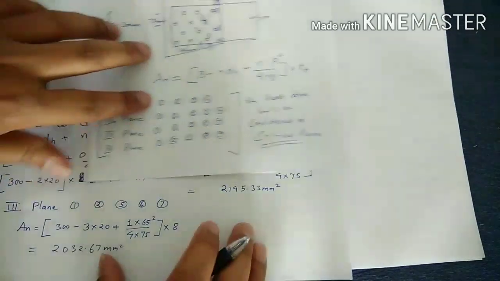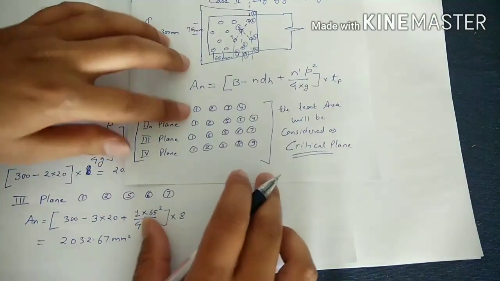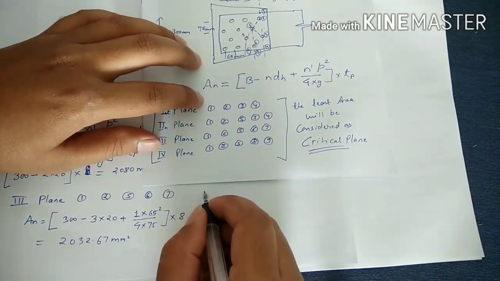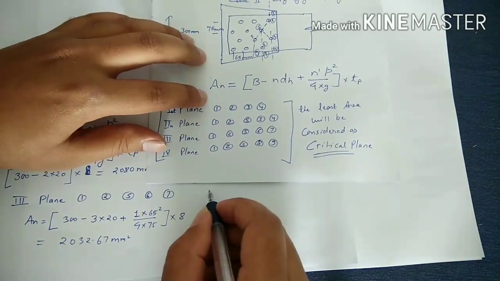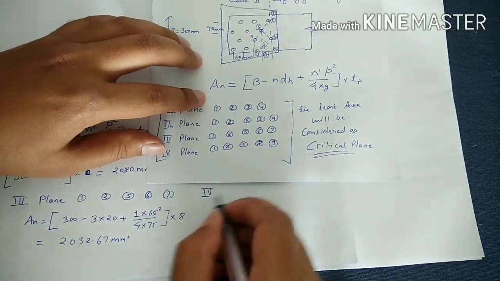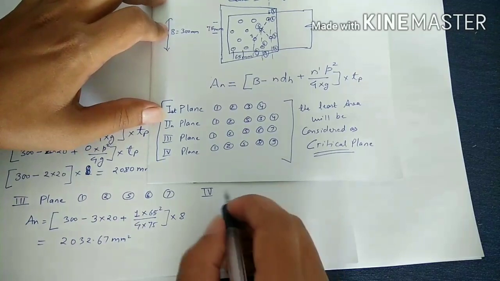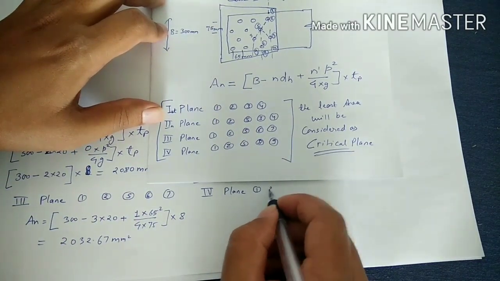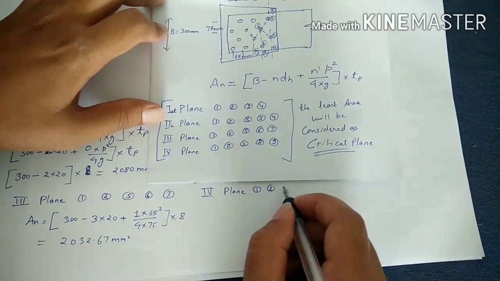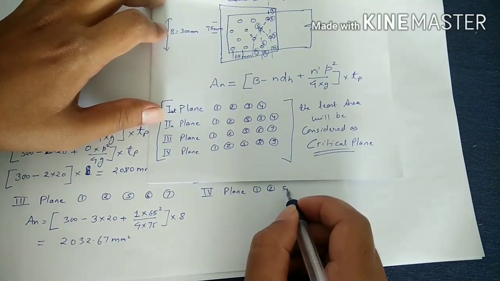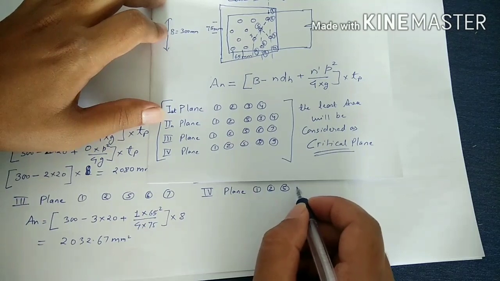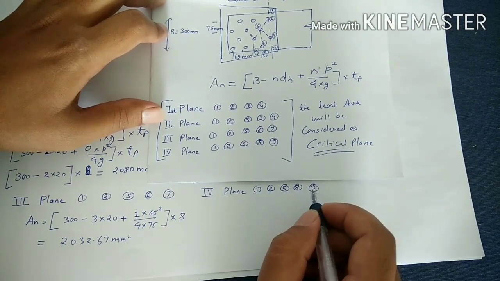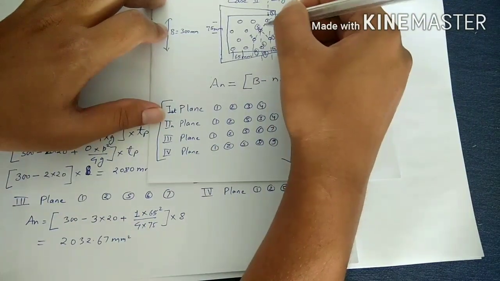Similarly, we have to solve the fourth plane, that is 1, 2, 5, 8, 9.